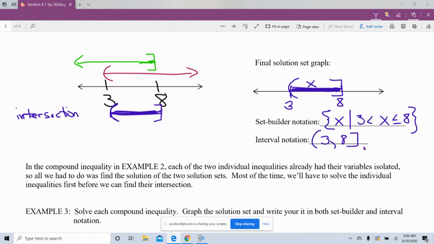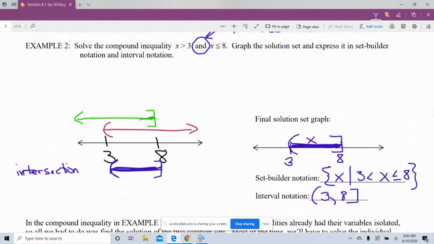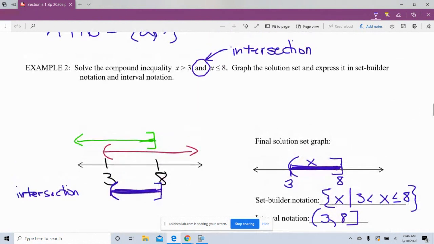Okay, so that is our first example where we were solving a compound inequality, and that is where we have 2 inequalities with the word and in between them, joining them together. And the word and, remember, means that you're going to be looking for the intersection of those 2 individual sets.